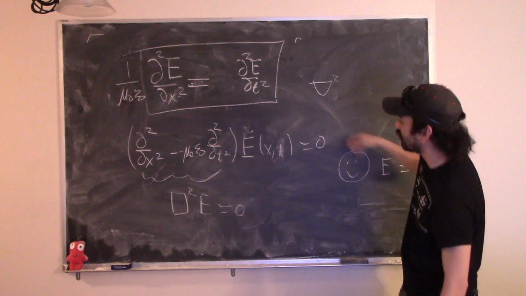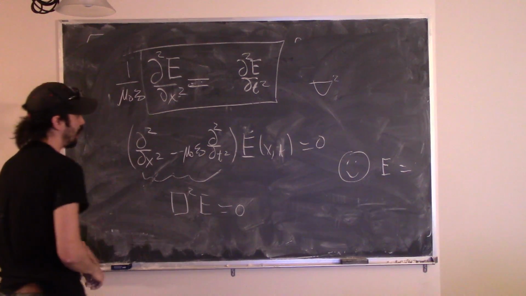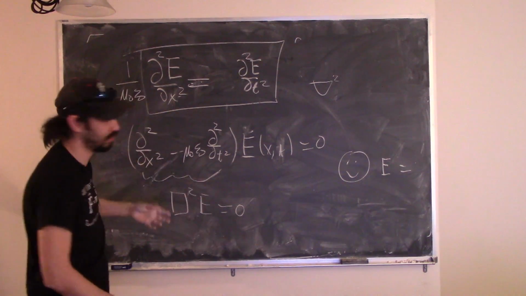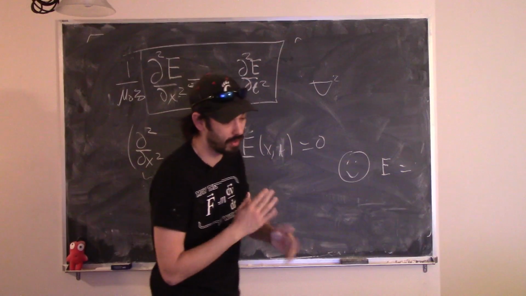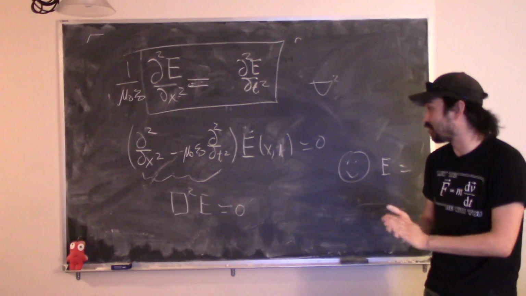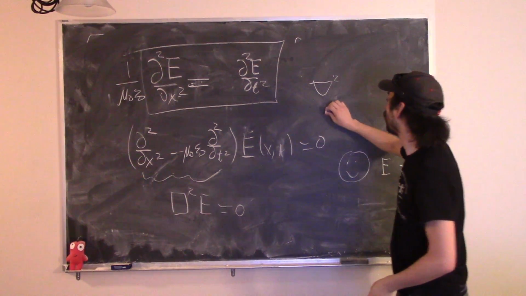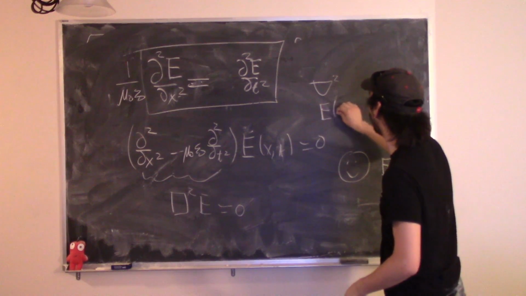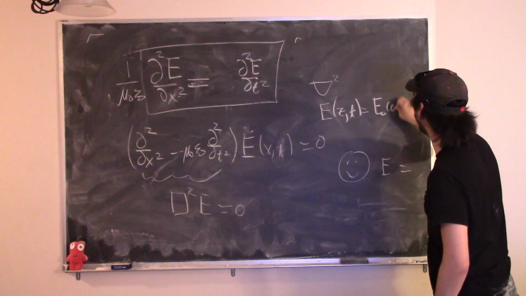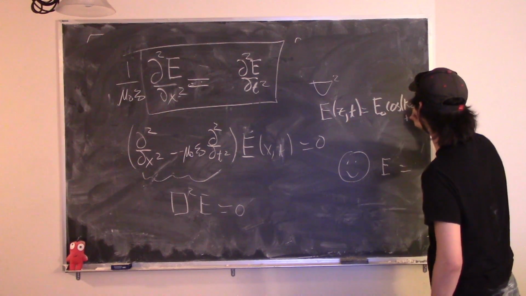If you can think about how the operators define the type of functions that you can get out of this, which is really what we're doing when we're talking about the wave equation. There's a very small set of equations that actually solve the wave equation, and we saw one of them when I said that E as a function of z and t is equal to E0 cosine of kz minus omega t plus delta.